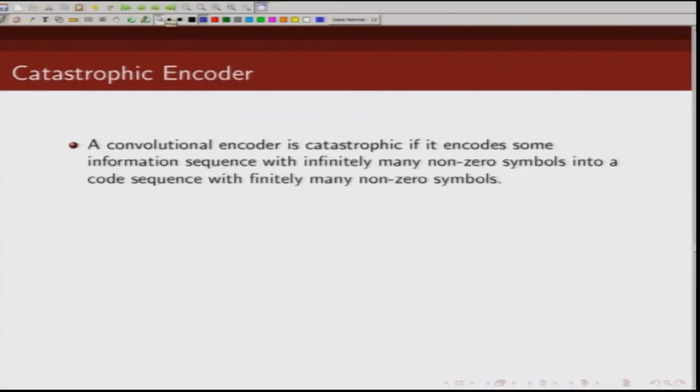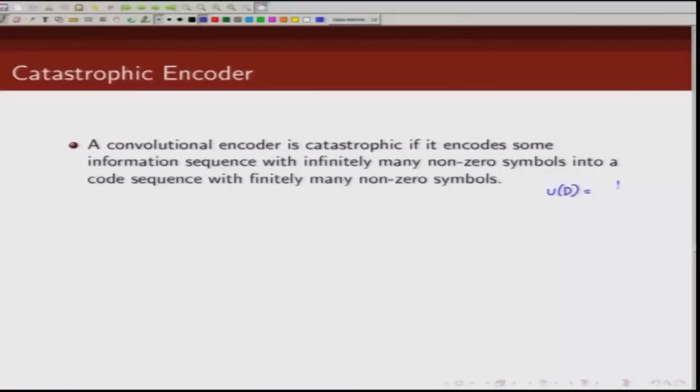Next, we will explain the concept of a catastrophic encoder. A convolutional encoder is catastrophic if it encodes some information sequence which has large weight, which has a large number of ones, into a code sequence with a finite number of ones. For example, if you have an information sequence u(D) = 1/(1 + D), this is a sequence of all ones.